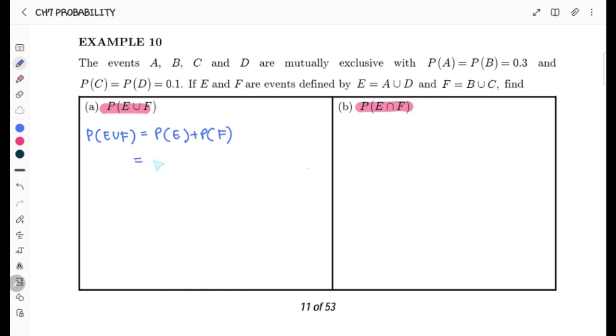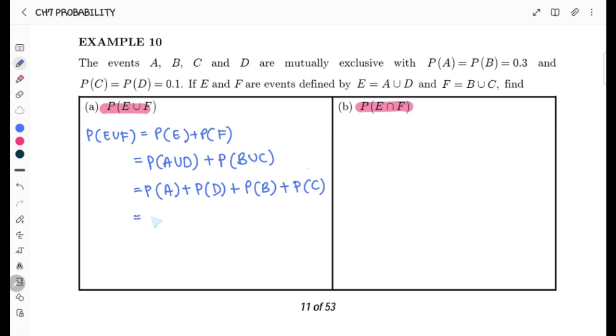Then using the definition given, P(A union D) plus P(B union C). Then P(A union D) is PA plus PD, and then P(B union C) is just PB plus PC. And then you know that PA is equal to 0.3, PD is 0.1, and then PB is 0.3.